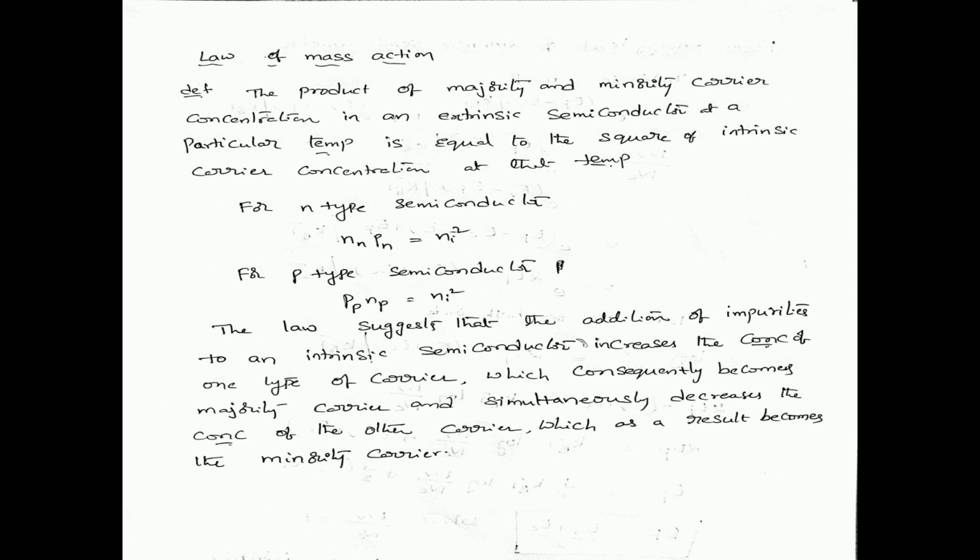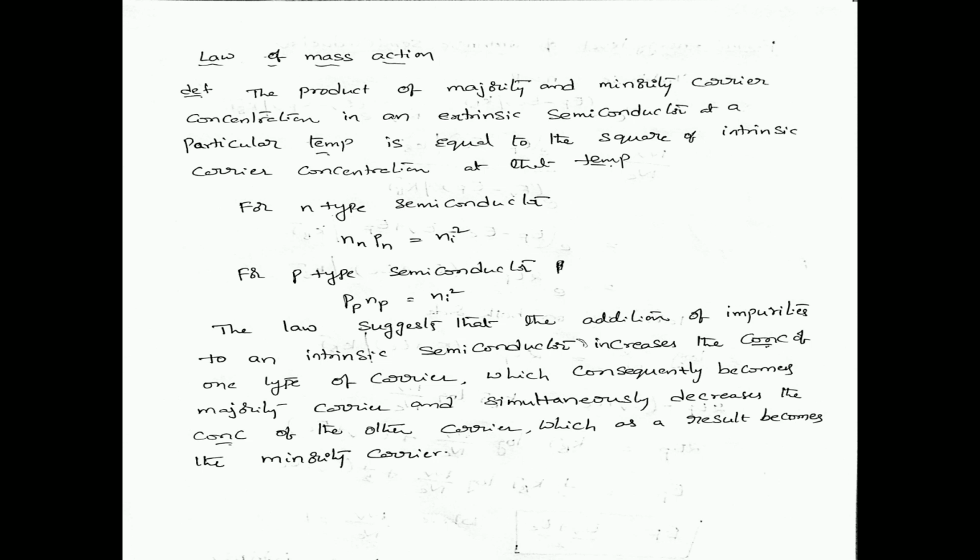The product of majority and minority carrier concentration in an extrinsic semiconductor at a particular temperature is equal to the square of intrinsic carrier concentration at that temperature. Suppose we take the product of majority carrier and minority carrier concentration of an extrinsic semiconductor, it is equal to the intrinsic concentration squared, that is the law of mass action. Law of mass action means the product of majority and minority carrier concentration is equal to the square of intrinsic carrier concentration.